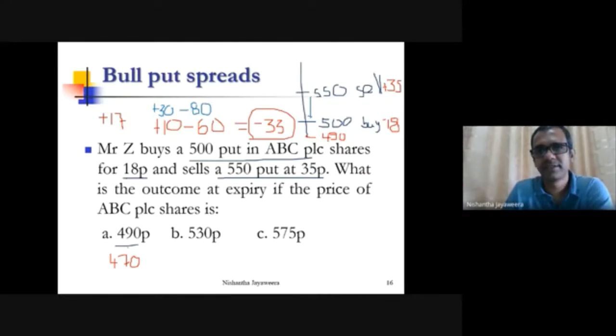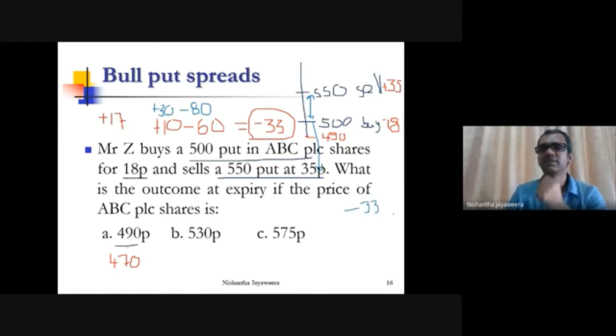This difference remains unchanged. That's your net outflow here without the premium. So minus 50 plus 17, it will be minus 33. So beyond or below 500, whatever price, your downside would be minus 33.